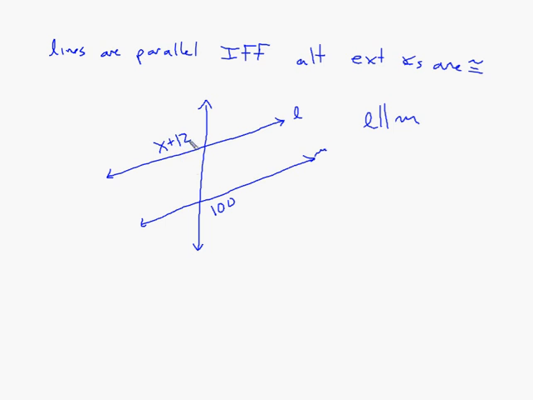Okay, so by this diagram, this angle and this angle would be alternate exteriors, so they are congruent. So still equals 130. Subtract the 12 and get x is 88.